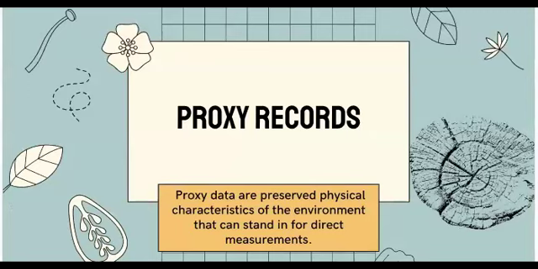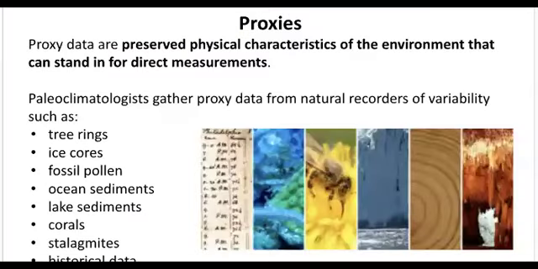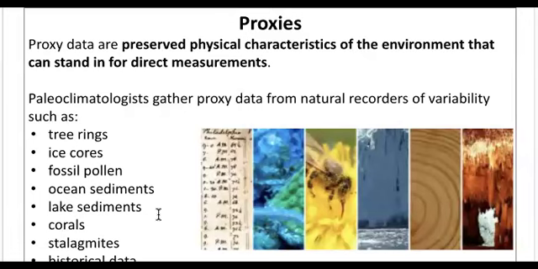So most commonly, we refer to proxy records as natural recorders of the past climate. Examples of that are tree rings and ice cores and fossil pollen and ocean sediments and lake sediments, coral, stalagmites. And there's some historical data that we think of as proxy, maybe ship records, things like that.